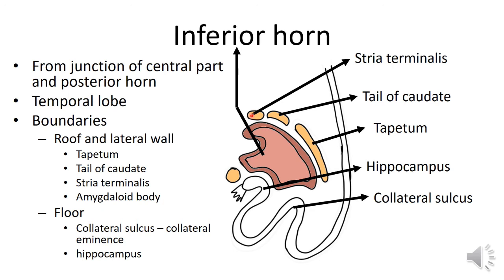The floor is bound by the collateral sulcus, forming the collateral eminence in the inferior horn, and the hippocampus.